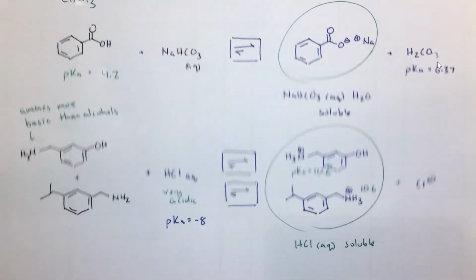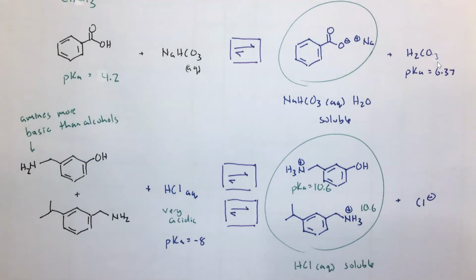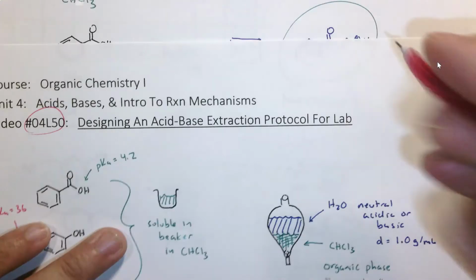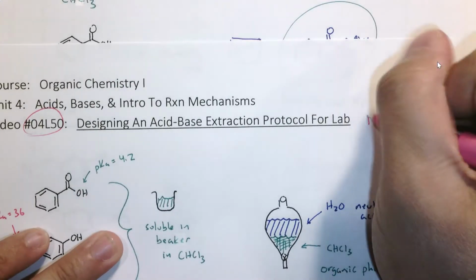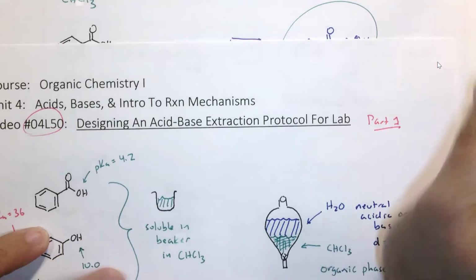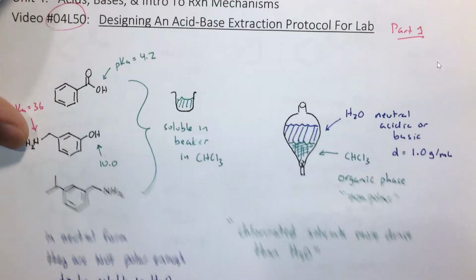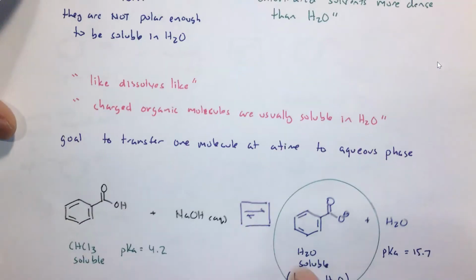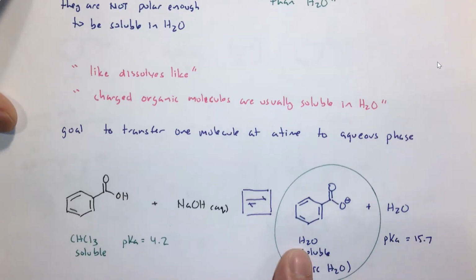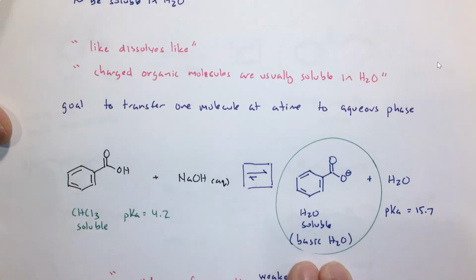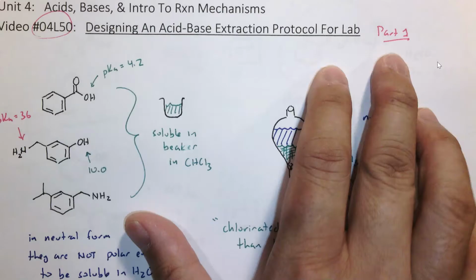I know that was a lot, and we haven't even yet put anything into the separatory funnel. Sorry, guys and girls. This is part 1. But trust me, if you understand the chemistry and the way that we're choosing equilibrium and the way that we get a molecule from organic soluble to water soluble, part 2 is going to be a breeze.